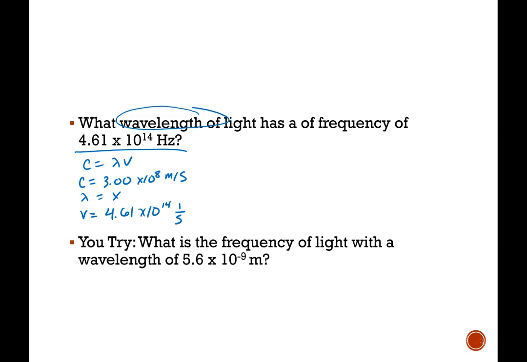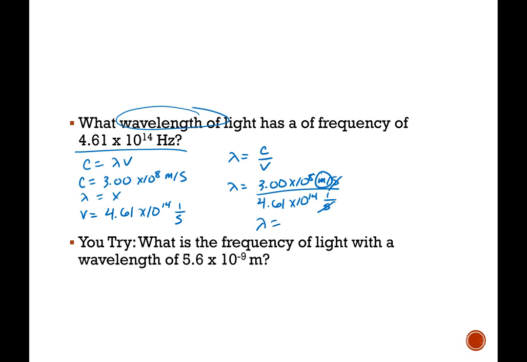We'll rearrange our equation to solve for wavelength. So wavelength is c over v. And then just go ahead and plug in. Wavelength is 3 times 10 to the 8th meters per second over 4.61 times 10 to the 14 inverse seconds. The seconds end up canceling, which makes sense because you want the unit of wavelength to be meters.